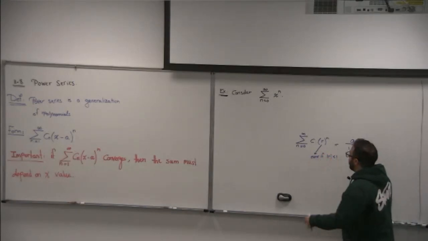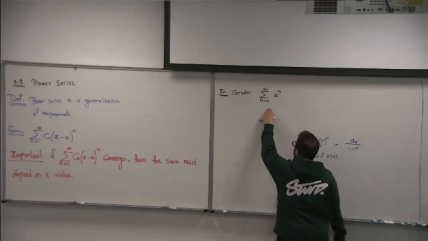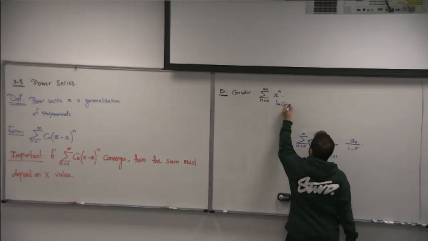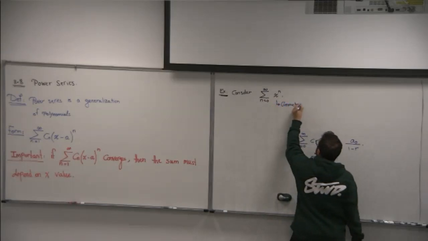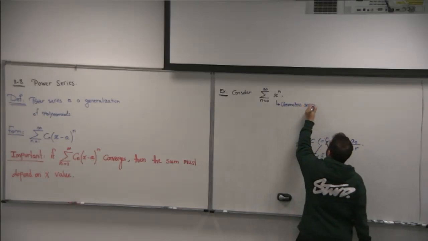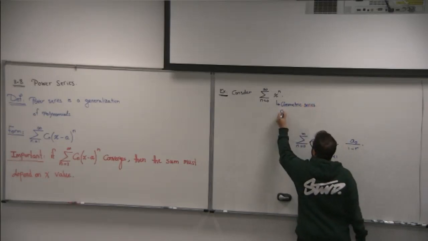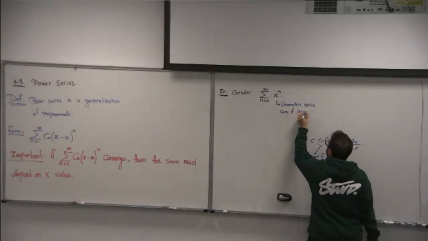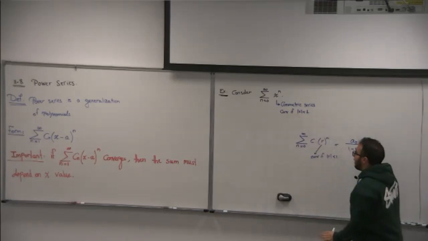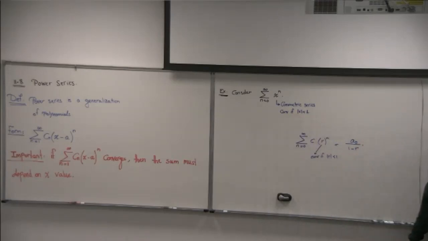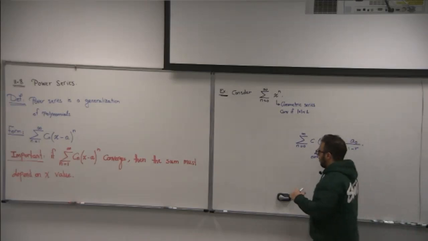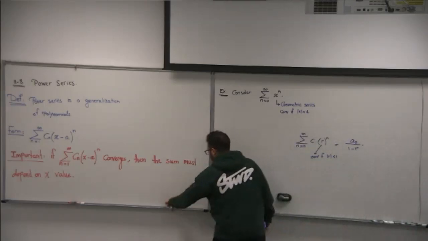This is technically a geometric series, so it converges if the absolute value of x is less than 1. The same exact thing. I just replaced the r with x because x is not a constant anymore. The x is something I can control and change.